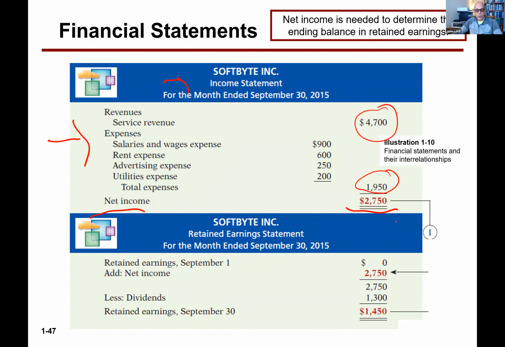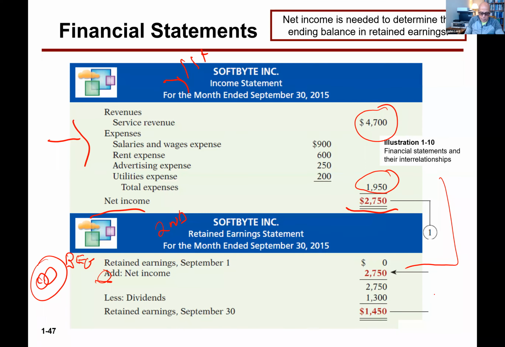Now I can prepare the what? Statement of retained earnings. The first statement I prepare is the income statement. Second is a statement of retained earnings. They just started the business, so the beginning balance in my statement of retained earnings, in my piggy bank, was 0. I add net income. There it is, came down like they showed.